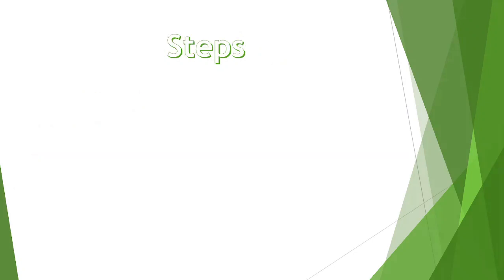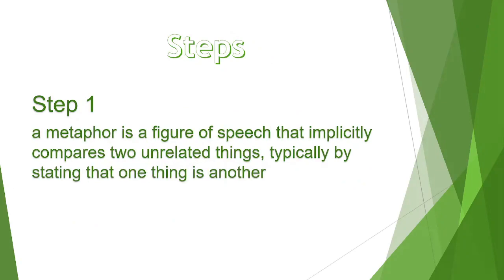Your first step is to make sure you know the definition of metaphor. A metaphor is a figure of speech that compares 2 unrelated things, typically by stating that one thing is another.